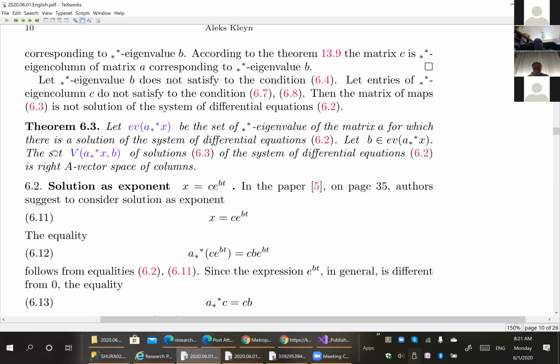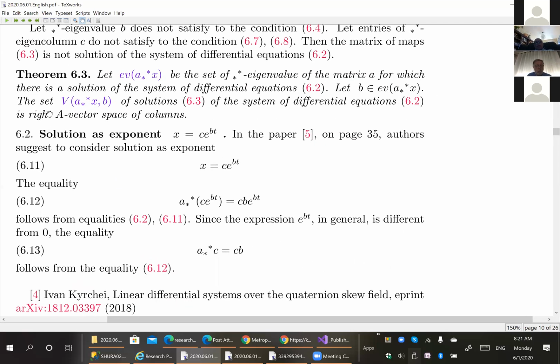Some mathematicians consider trying to write the constant not on the left side, but on the right side. What happens in this case?